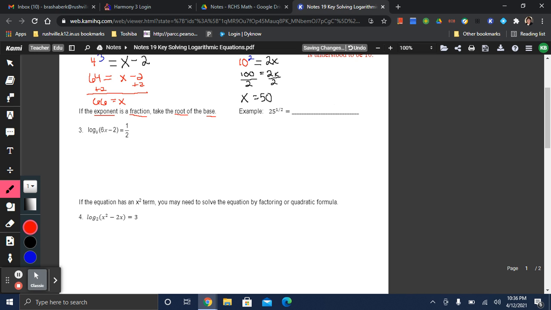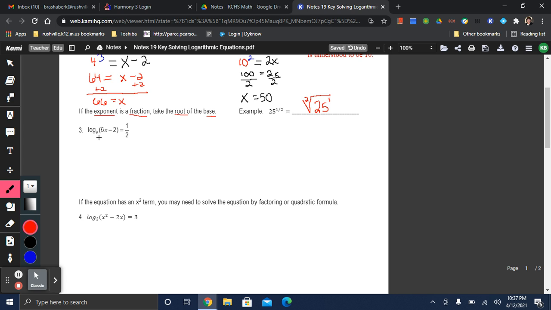So in the case of 25 to the 1/2 power, we would take the root of 25. Now, the bottom number tells you that it would be a square root of 25 to the first power. So the 1/2 is seen right there.